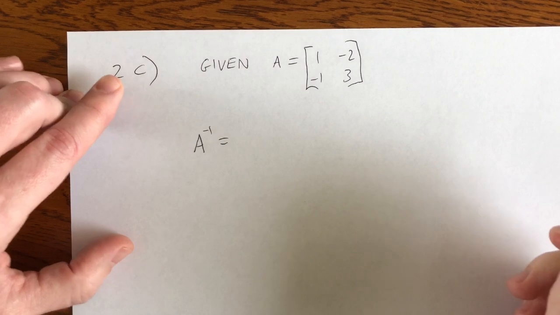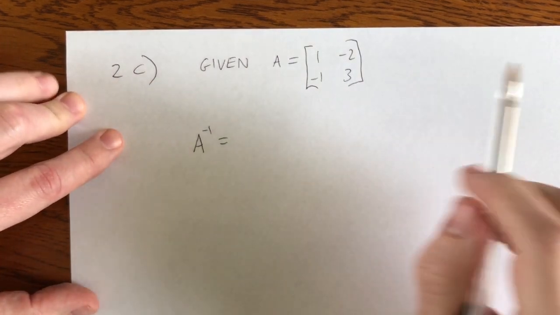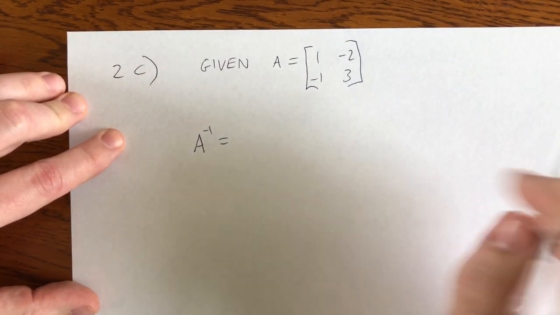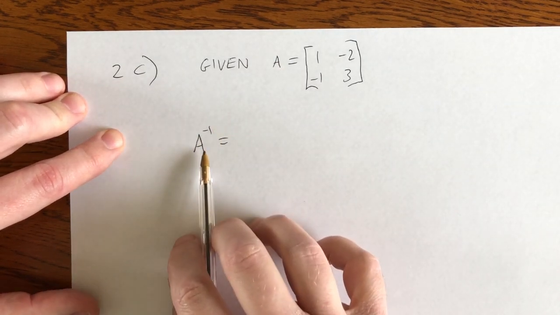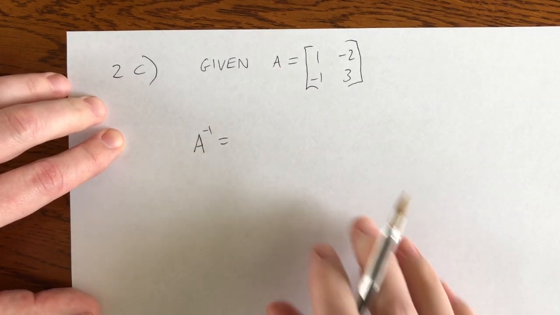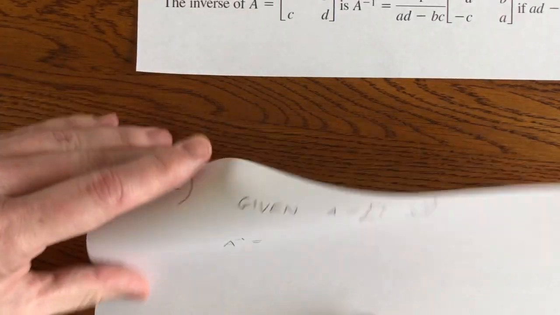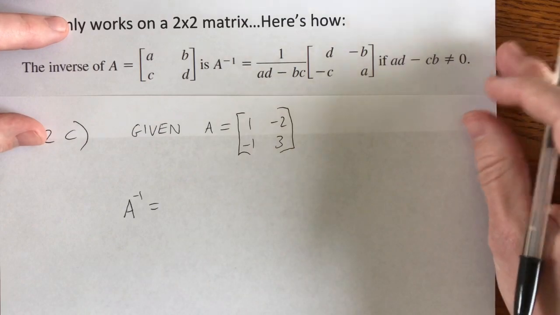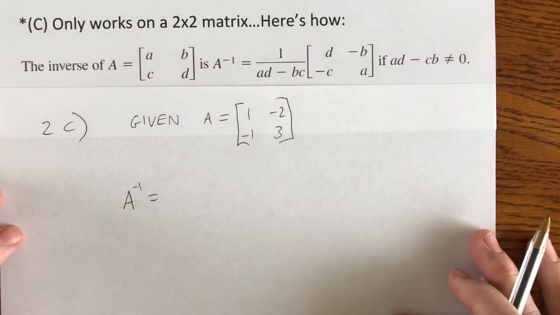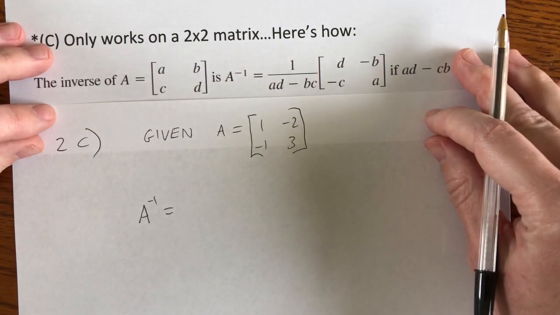Okay, so again, 2C. We have to use the determinant of this matrix A in order to come up with the inverse of matrix A. So how does that work? Well, remember this. Remember this, all right? So let's go ahead and apply it now.